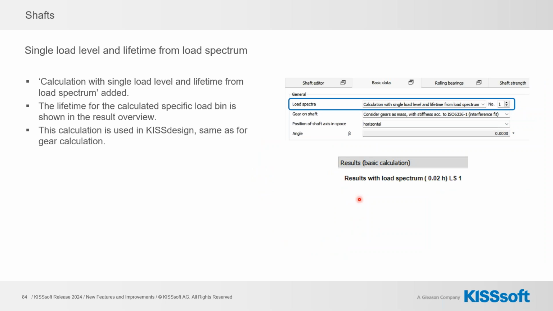Let me continue, but only on the presentation side, about some additional improvements in shaft calculation. Now you're able to select a specific load bin for strength calculation, same as it is for the gears available.